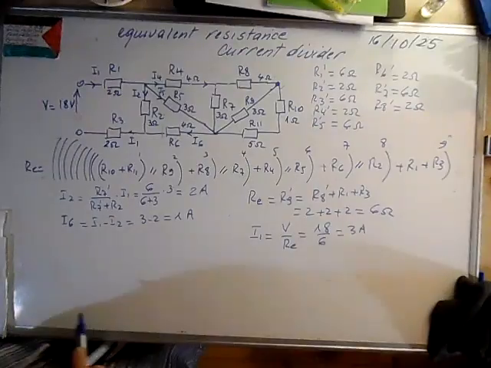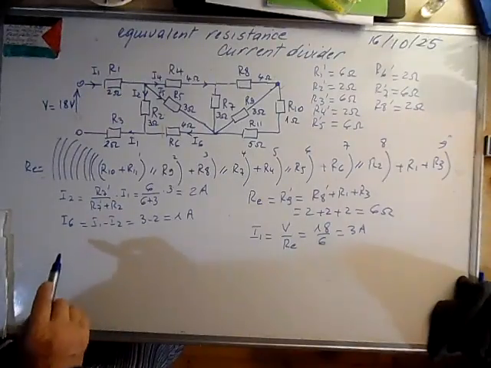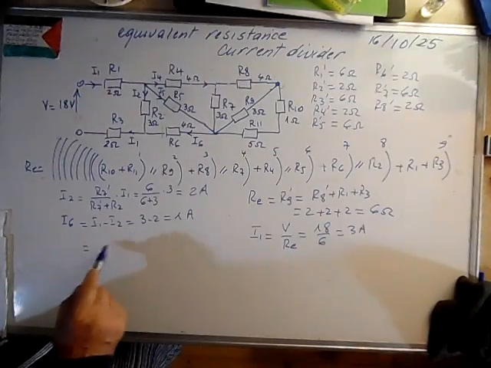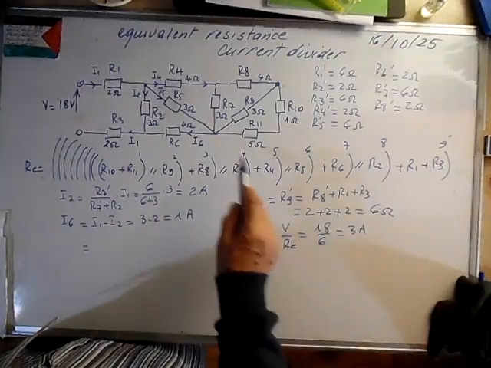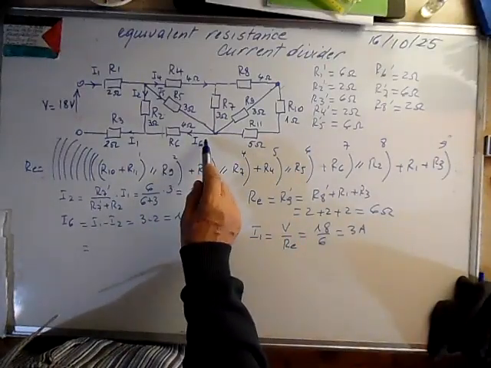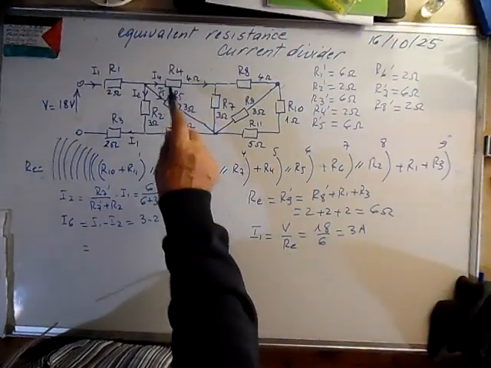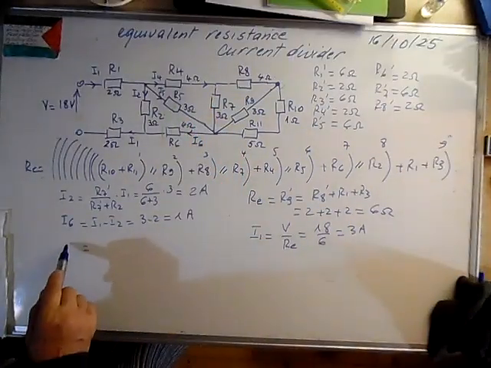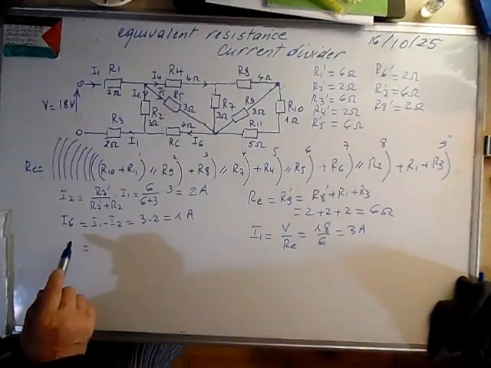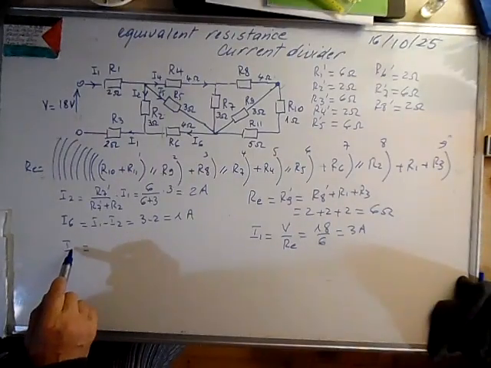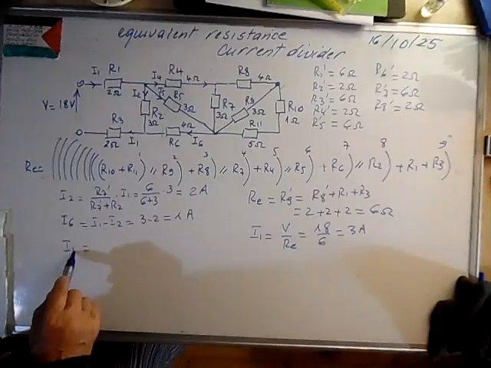Having calculated I6, we will use I6 now to calculate the current flowing in this resistance, and I4. Using I6 we can calculate I5 and I4.